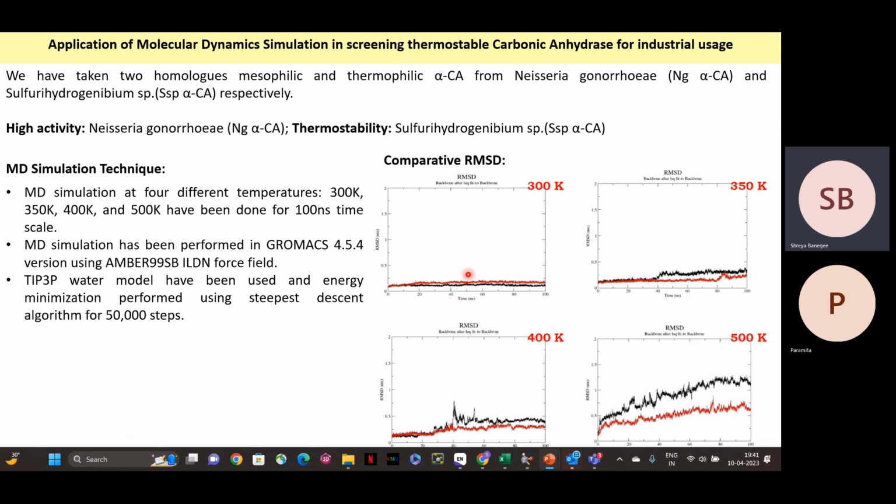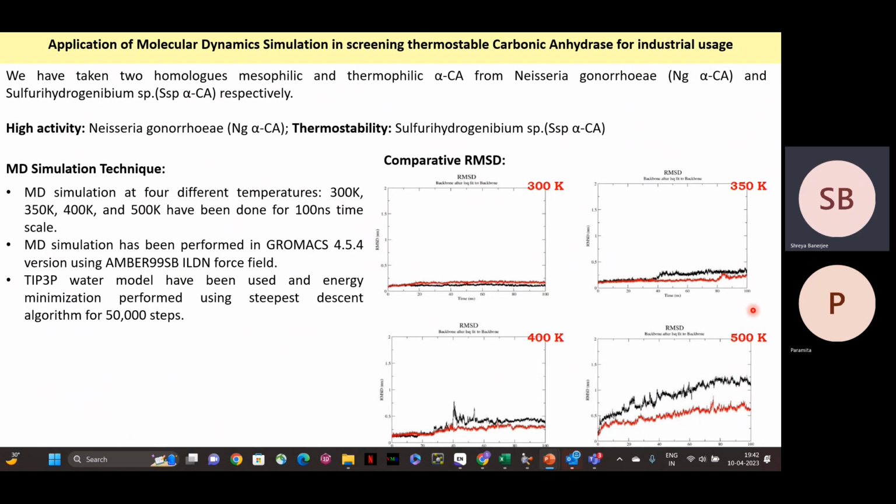If you look at it, you can see that at 300 Kelvin, the RMSD is not much for either protein. But as the temperature is increasing, this black protein, which is the Ng species, has higher and higher RMSD, which means it has lower thermostability. In the thermostable SSP species, the RMSD remains comparatively low even at high temperatures.